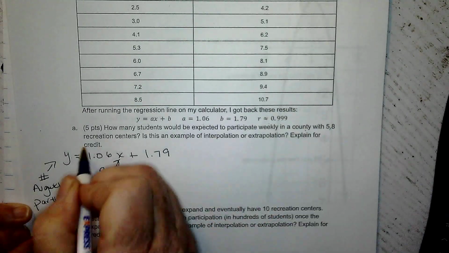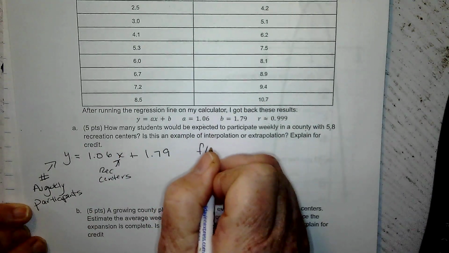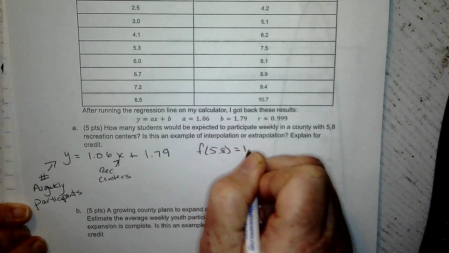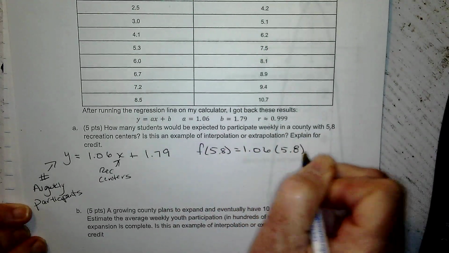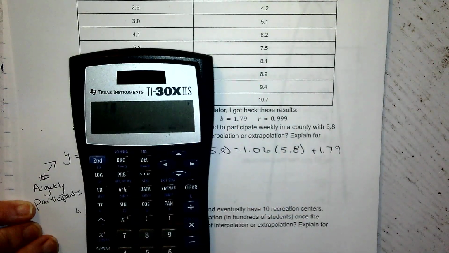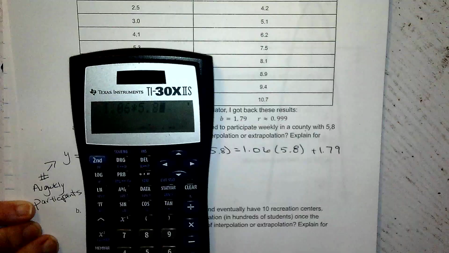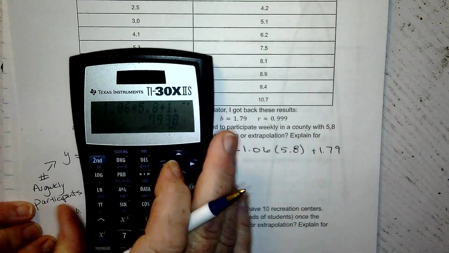If there's 5.8 rec centers, I'm going to plug in 5.8 for x. So f of 5.8 is 1.06 times 5.8 plus 1.79. So there was 7.938.